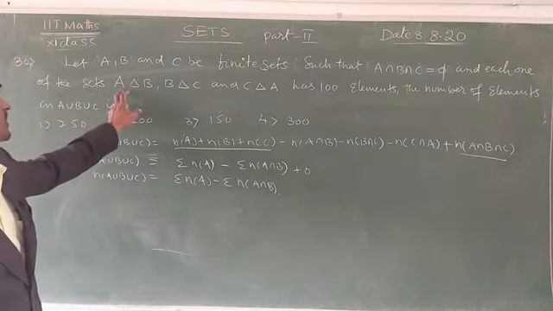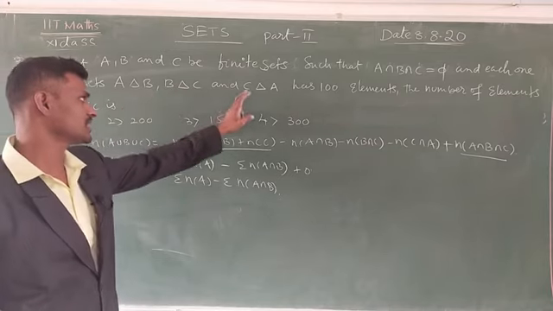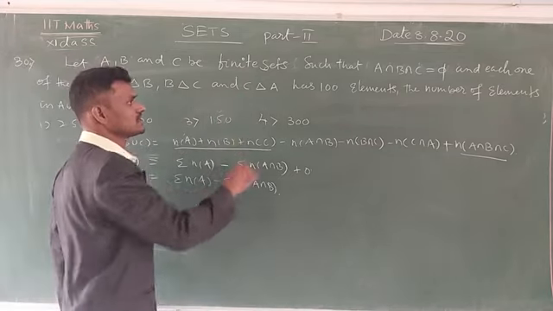Now you can find here, these are finite sets. Each one of the sets A delta B, B delta C and C delta A has 100 elements.